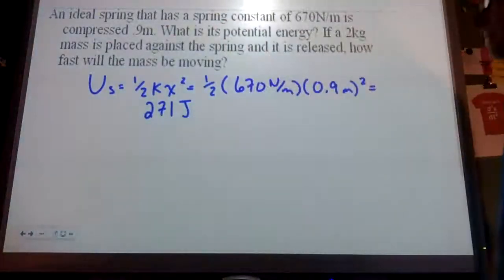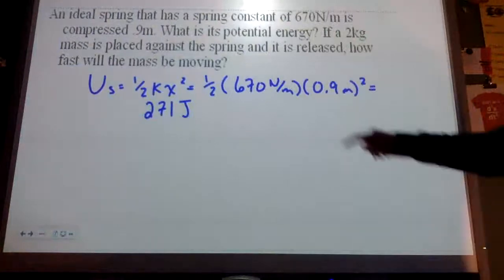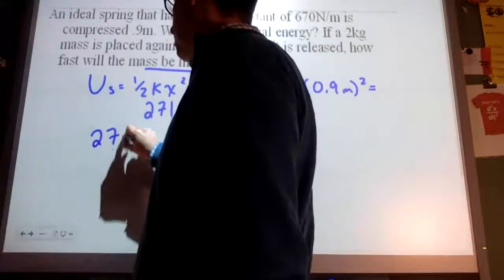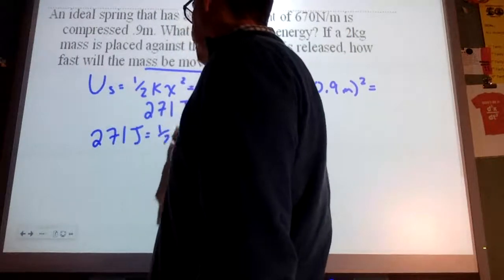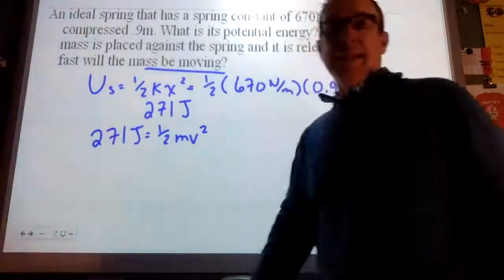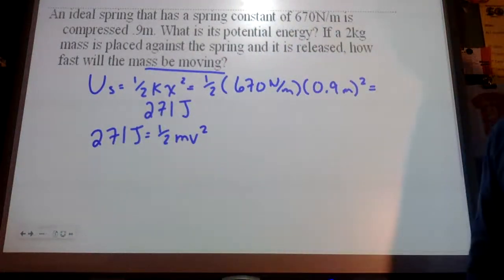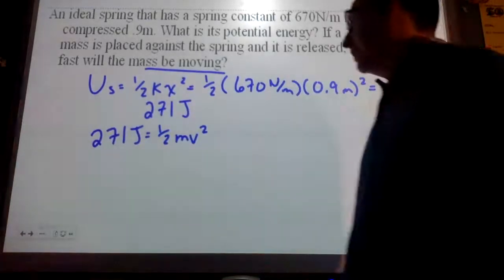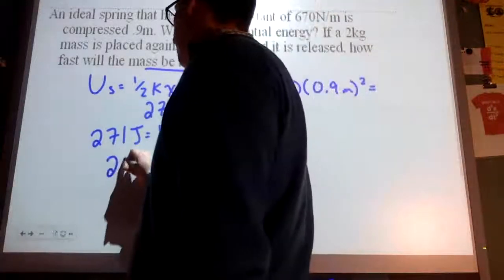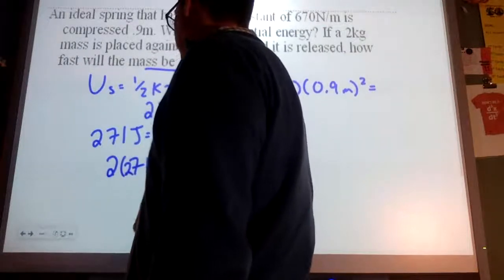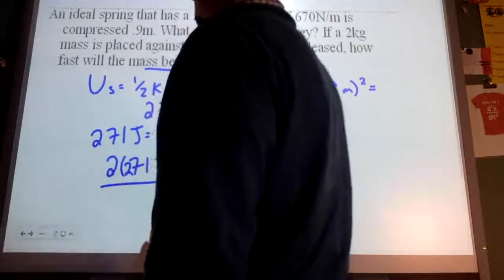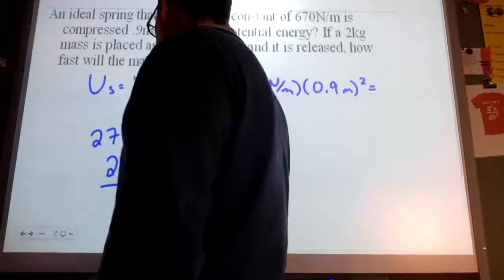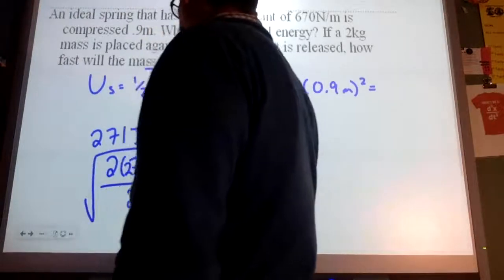If there are no non-conservative forces, I can find out what my maximum speed would be by setting this equal to the formula for kinetic energy. So if you were to release this, we could get all of the energy as energy of motion, and I could solve for v by taking 2 times 271 divided by m, which we're saying is 2, and square root.